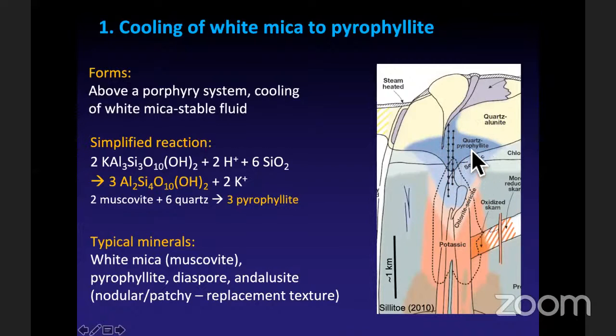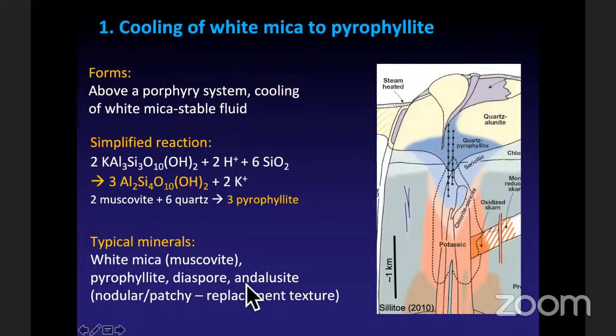And interestingly, in many systems, this pyrophyllite-rich zone, transitional to sericitic alteration, to white mica alteration, is barren. But as we keep learning, as we study more and more systems, there was recently a paper in Economic Geology on the Onto deposit discovery in Indonesia, where it looks like this quartz-pyrophyllite zone is actually heavily mineralized. So the minerals here are muscovite, pyrophyllite, diaspore, and andalusite.